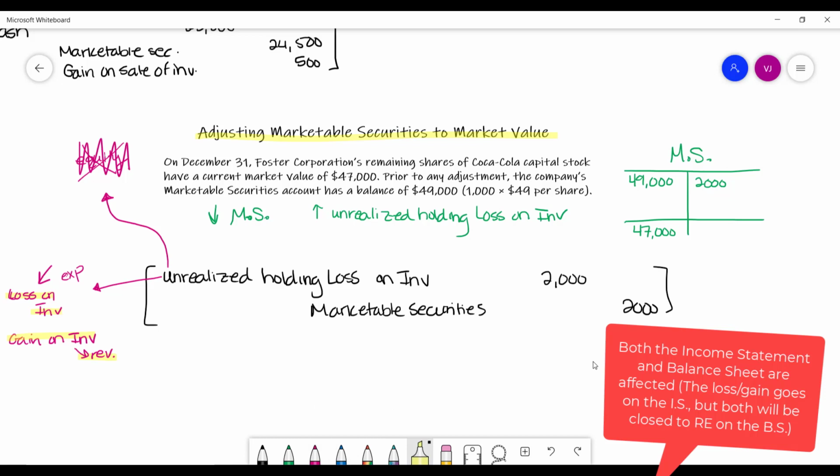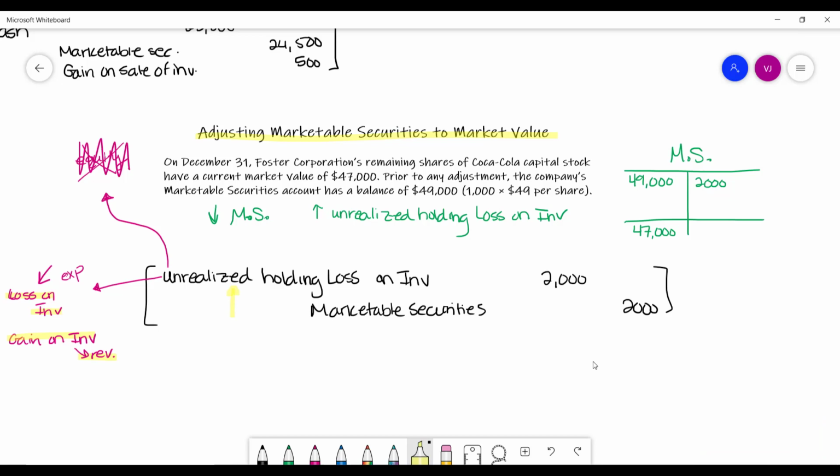So if there's a loss on investment or a gain on investment due to adjusting marketable securities to market value throughout the year, you will see these items on the actual income statement under the category Other Expenses / Other Revenues.